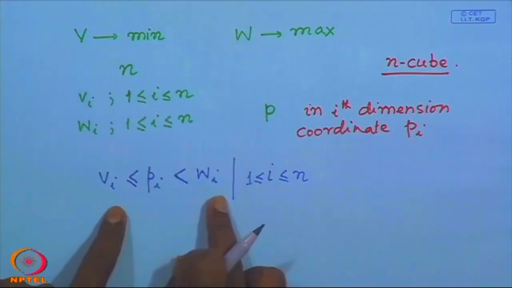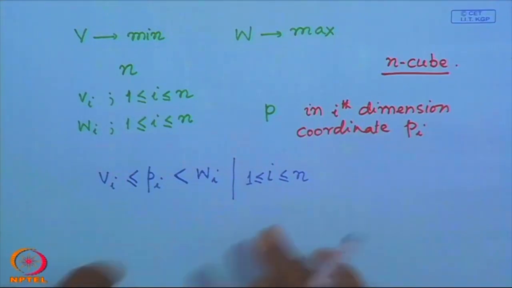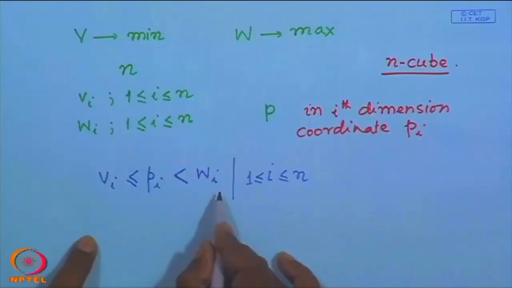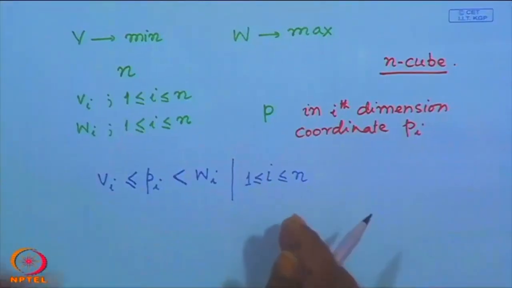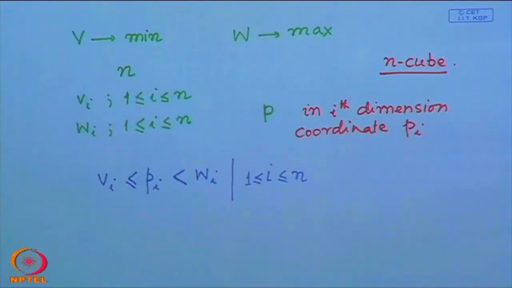If this is satisfied for all I between 1 to n, that means in every dimension the corresponding coordinate of P must be within the minimum limit and the maximum limit of the corresponding dimension of the hypercube. If this is satisfied for every coordinate of point P, then we say that point P is contained within the corresponding hypercube, or the corresponding hyperparallelogram.